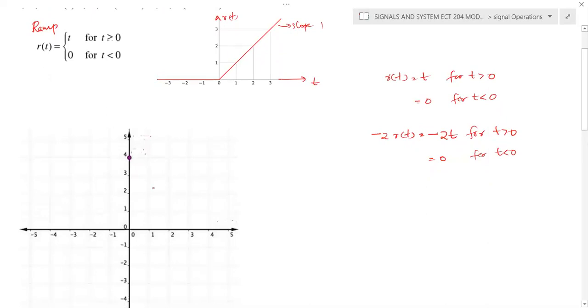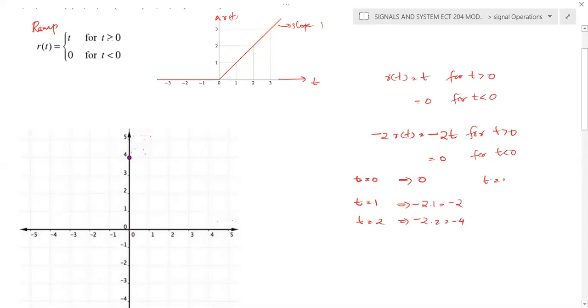Now we need to consider each value. At t equal to 0, if you substitute in minus 2t for t greater than 0, the function magnitude becomes 0. When you substitute t equal to 1, it becomes minus 2 into 1, which is equal to minus 2. When t is equal to 2, you get minus 2 into 2, which is minus 4.